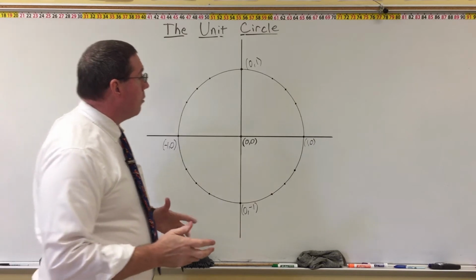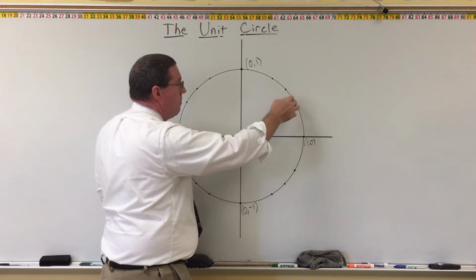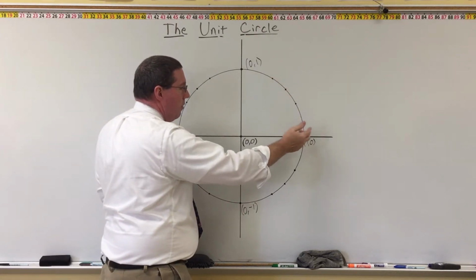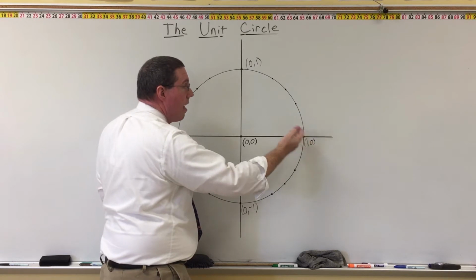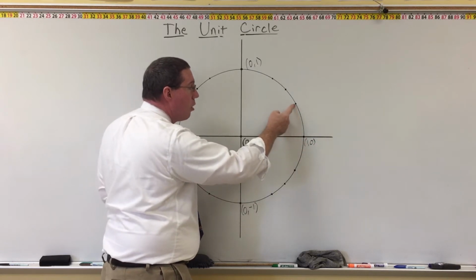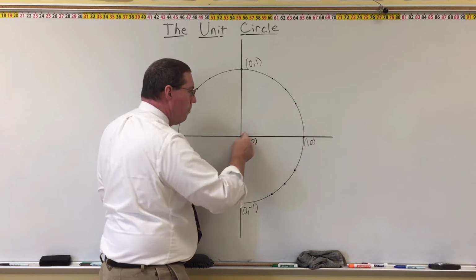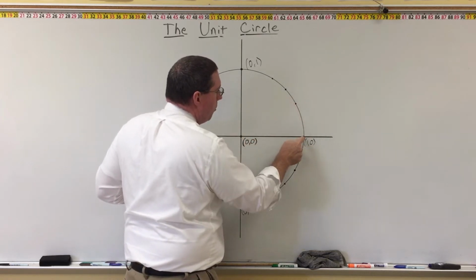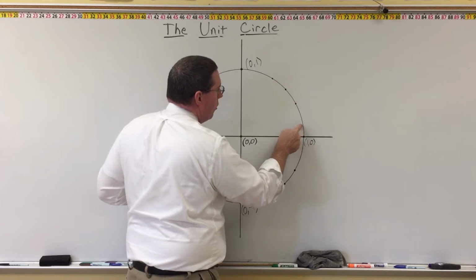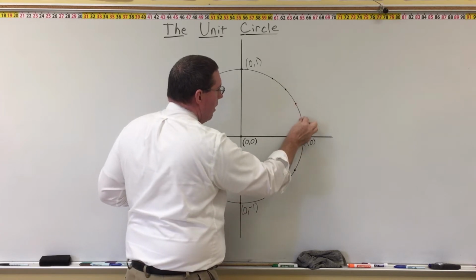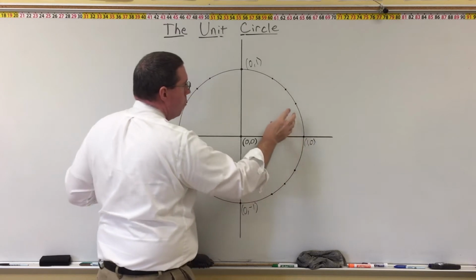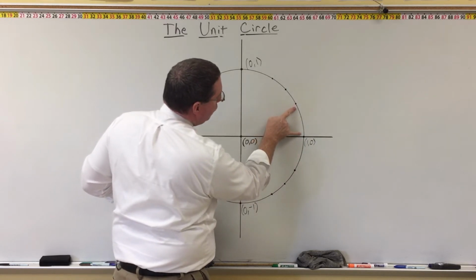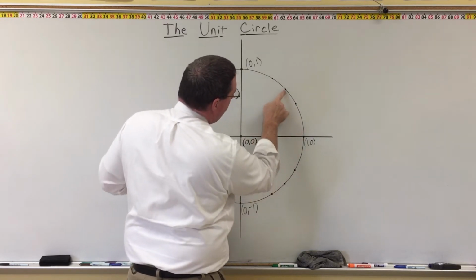Remember when we learned about arc length, right? We learned about how the arc length is measured in radians, and then we translated the arc length into an angle measure, right? So for example, at this point right here, if we were to start here and go up to this point right here, the length of that arc, if we break the whole pie up into 12 pieces, skip this one, okay?